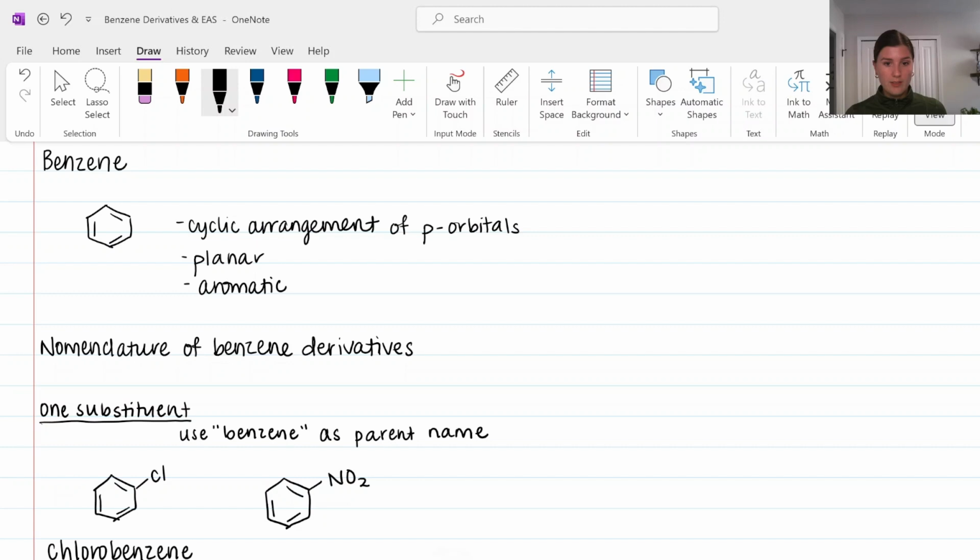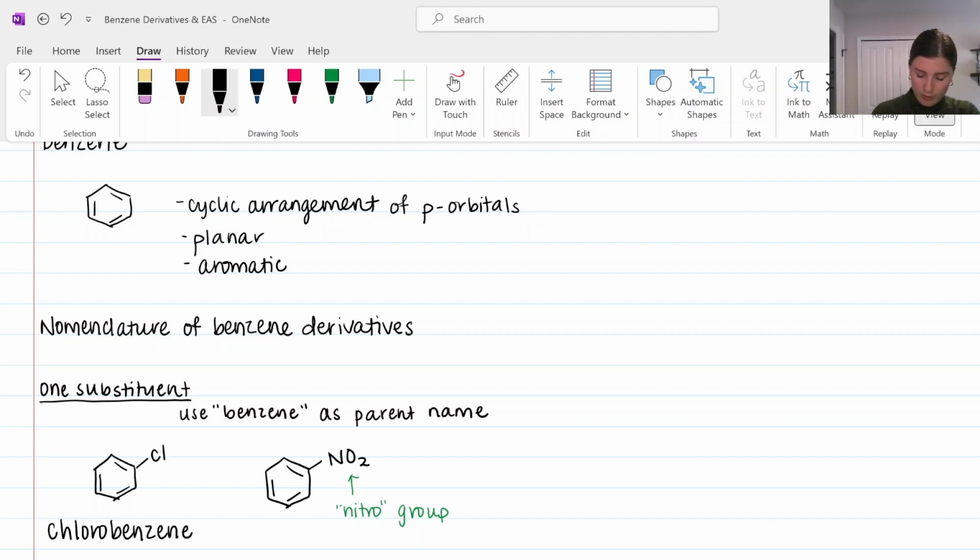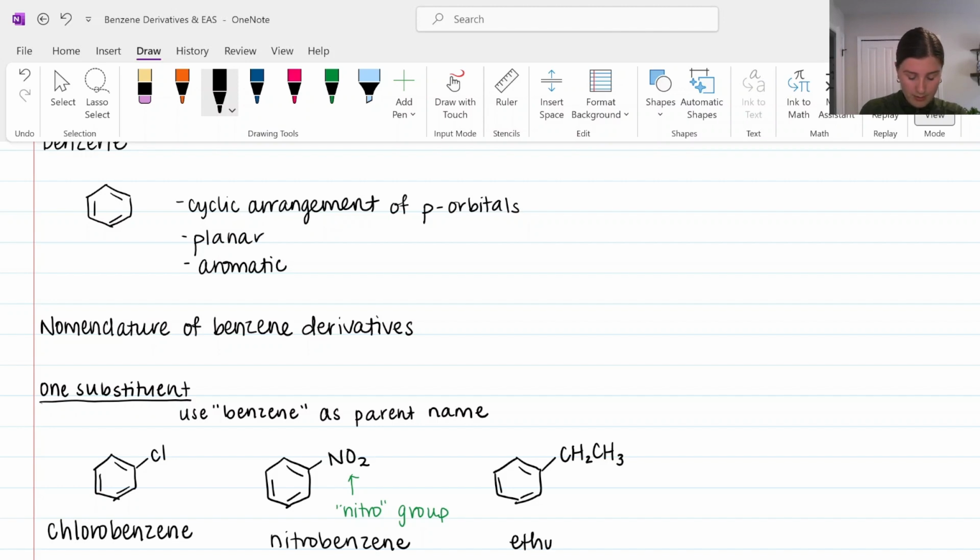Now this substituent, NO2, is called a nitro group, and that's a good one to commit to memory. So if this is called a nitro group, nitro substituent, then this molecule is nitrobenzene. Here's one more example with a substituent that you should recognize. This is an ethyl group, so this is ethylbenzene.